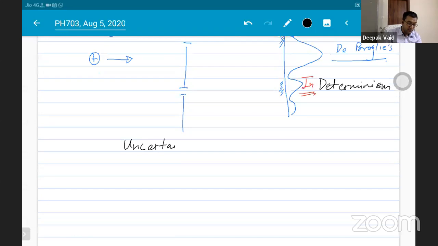This was best encapsulated by Heisenberg in his statement of something known as the principle of uncertainty. He said that if you try to measure the position of a particle, you can only measure it to some degree of uncertainty, right?